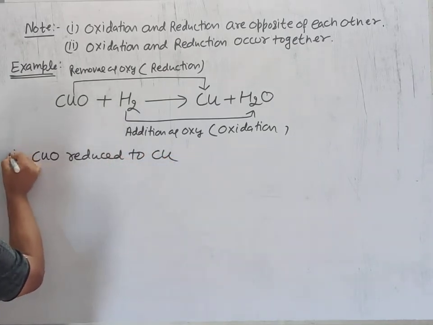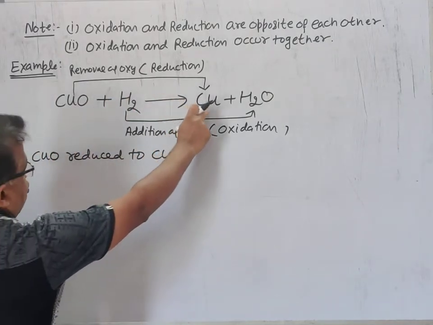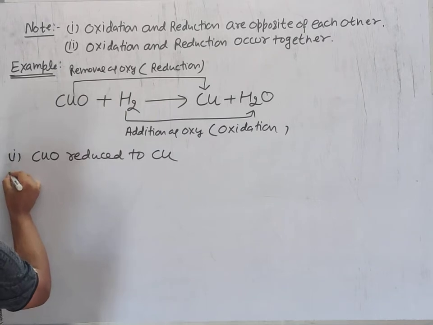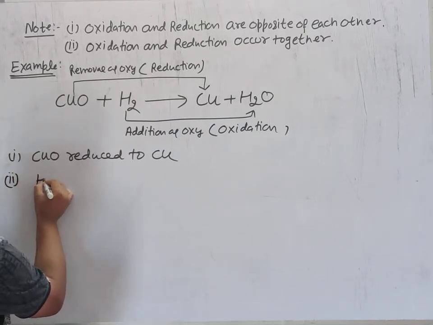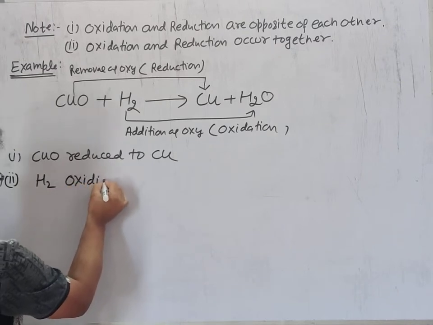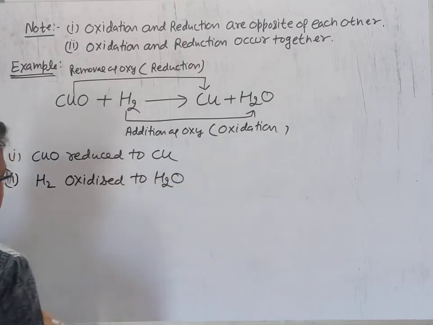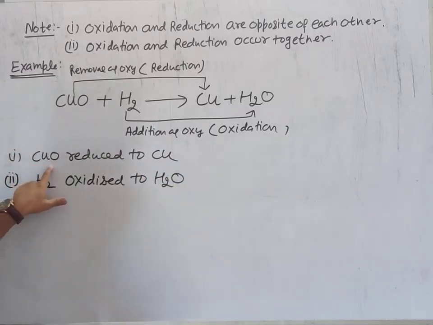So which substance is reduced into what? Copper oxide reduced to copper. Second, hydrogen oxidized to water. So which substance is reduced? Copper oxide, into copper. Which substance is oxidized? H2, into H2O.